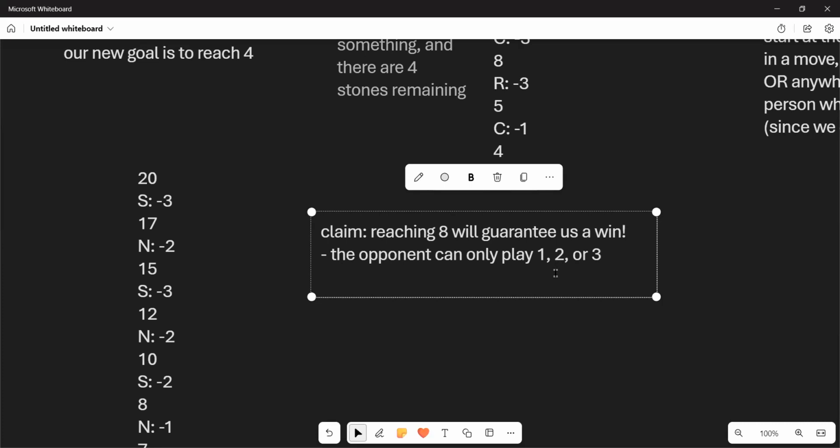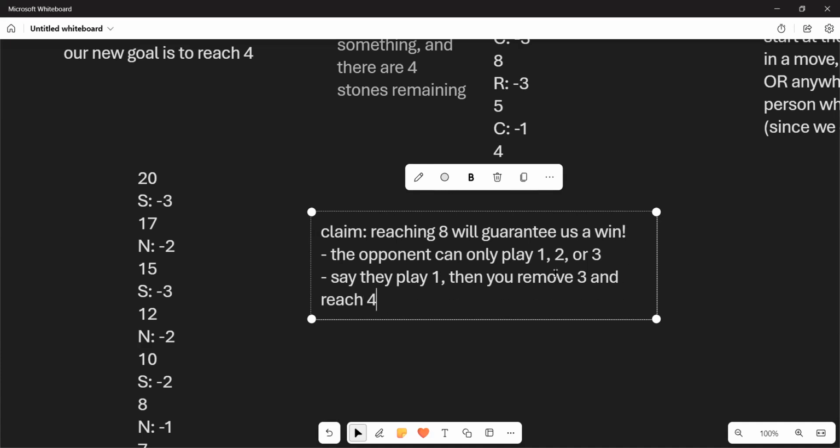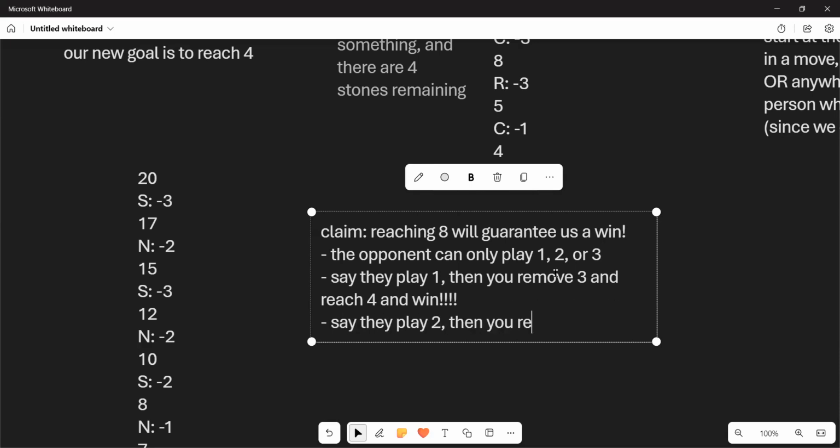Let's say the opponent plays 1, then you remove 3 and reach 4 and win. If they play 2, then you remove 2 and reach 4 and win.